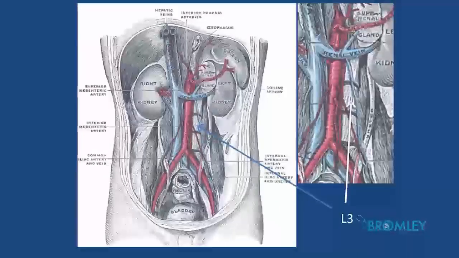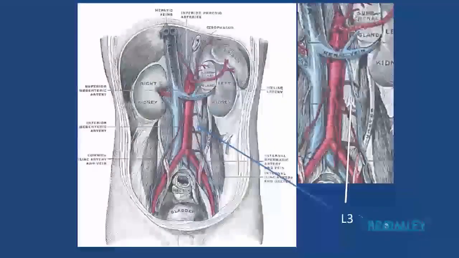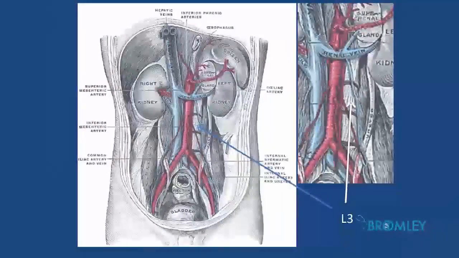And then at about the L1, L2 junction, we have the left and right renal arteries. And then as we come down, we have the testicular arteries, which we can see have a long course. We can see these long arteries stretching down, and they come up just above the inferior mesenteric, which is at L3.